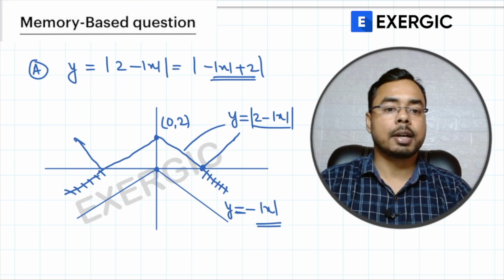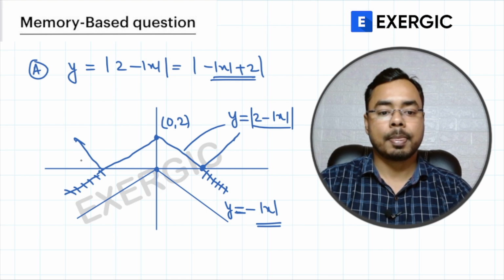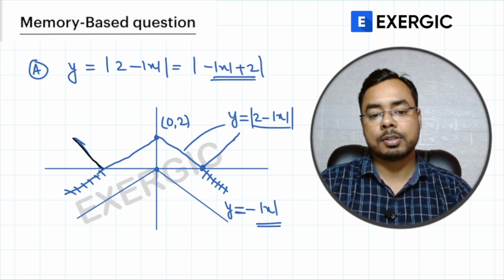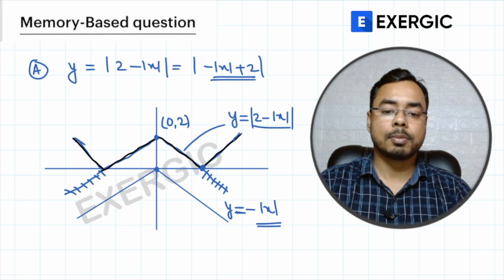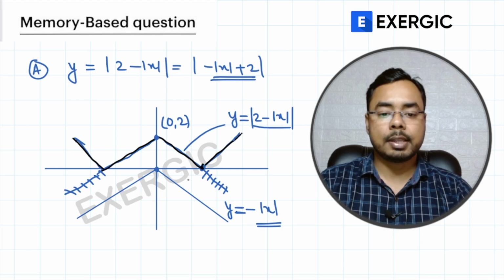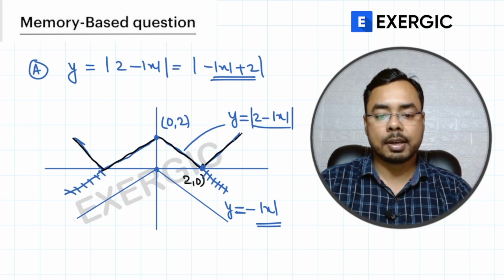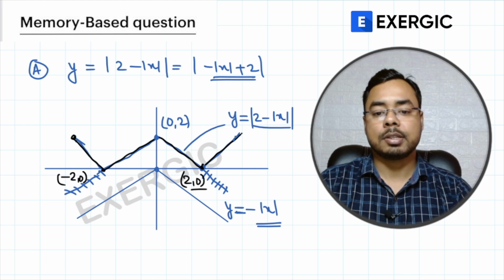You will get a W-shaped curve something like this, and you can very easily see that this point will become (2, 0): when x is 2, the value of y will be 0. This point will be (-2, 0), and you will get these two points also, right?